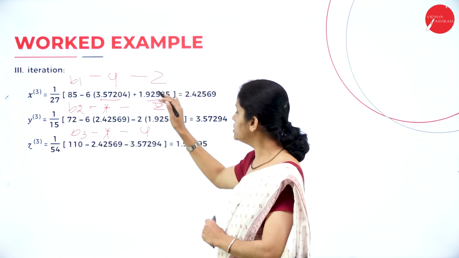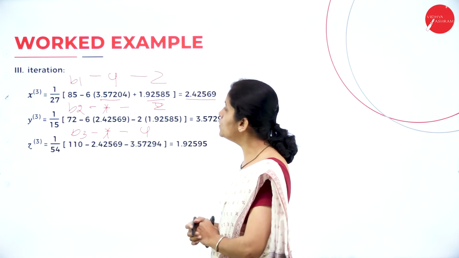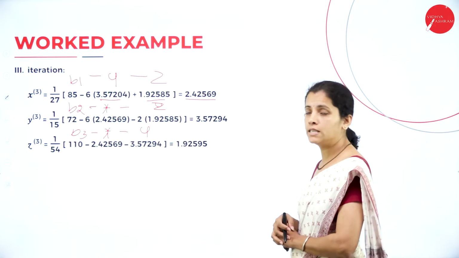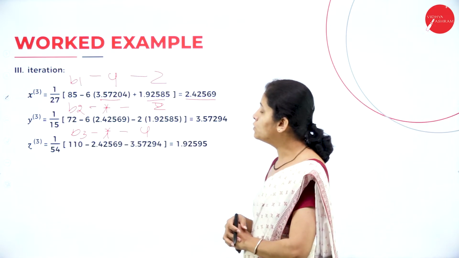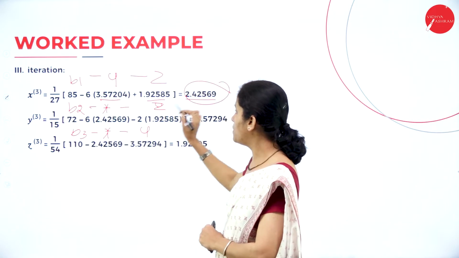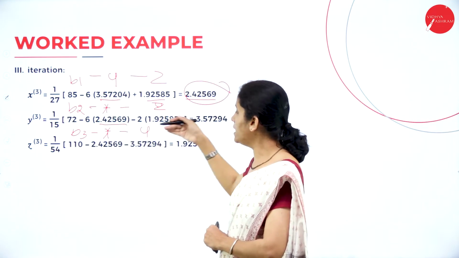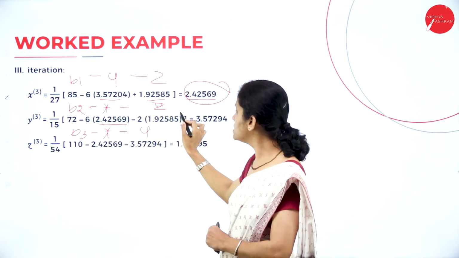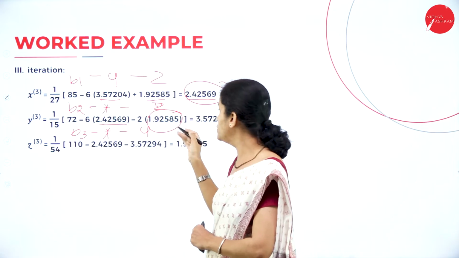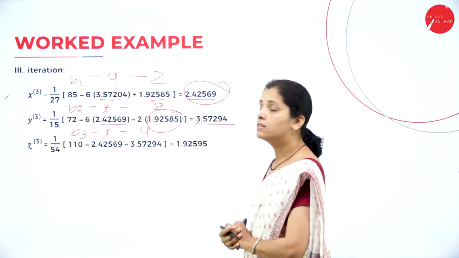Okay, and when I substitute, I'm going to get my new x value, that is 2.42569. Fine. Now to find y, I'm going to consider the present x value, the current x value, and I'm going to consider the previous z value. Okay, when I substitute, I'm going to get the answer 3.57294.